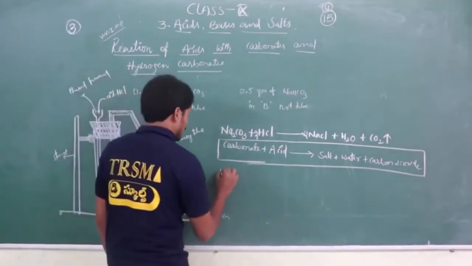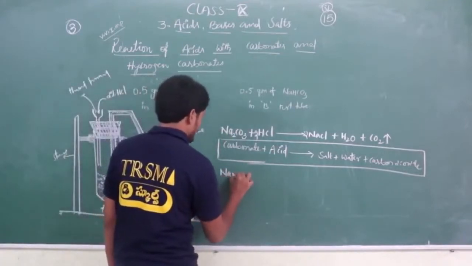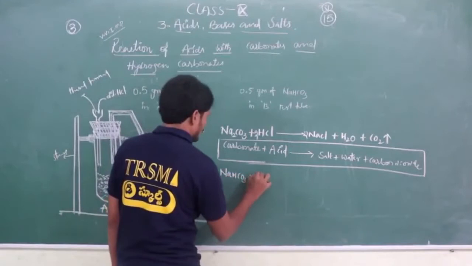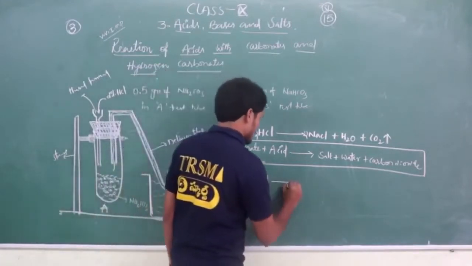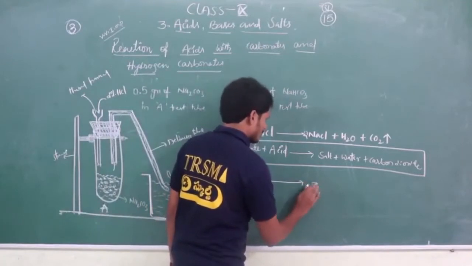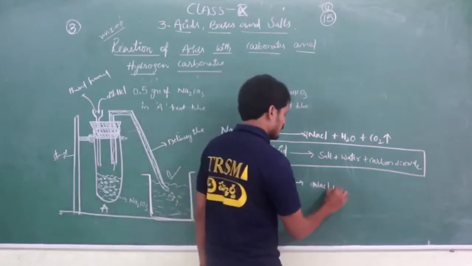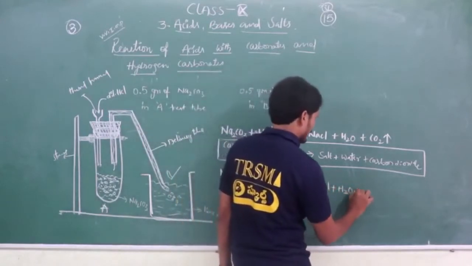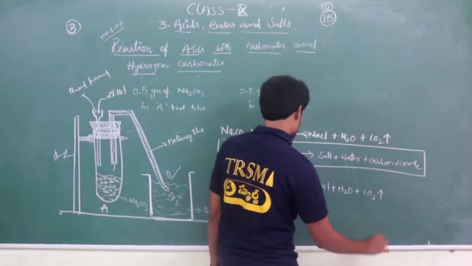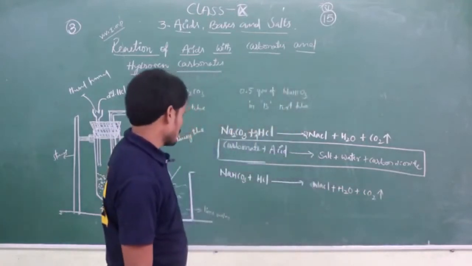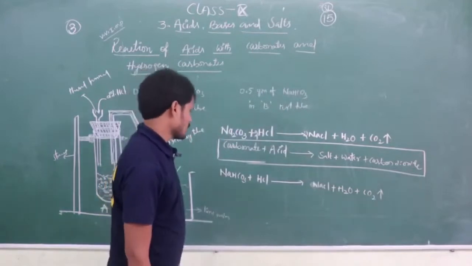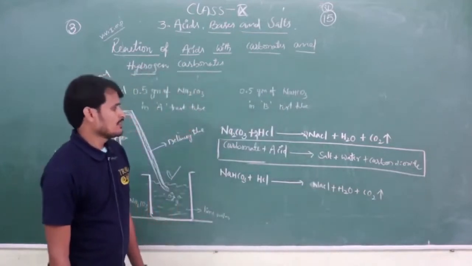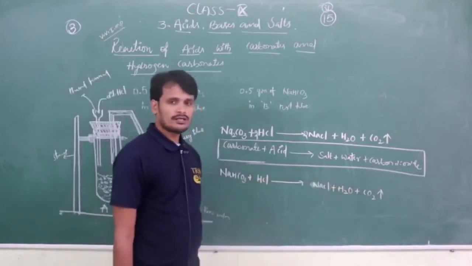Let's write NaHCO3 plus HCl, dilute HCl. In that reaction also we observed the formation of salt, sodium chloride, water and carbon dioxide. Is it balanced? Yes, of course it's balanced. So NaHCO3 plus HCl gives sodium chloride, water and carbon dioxide.